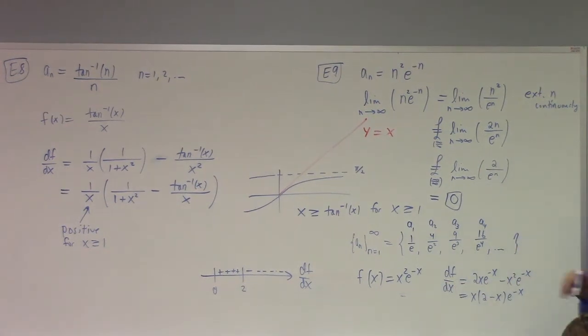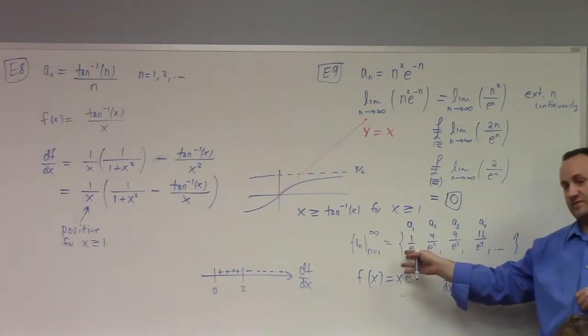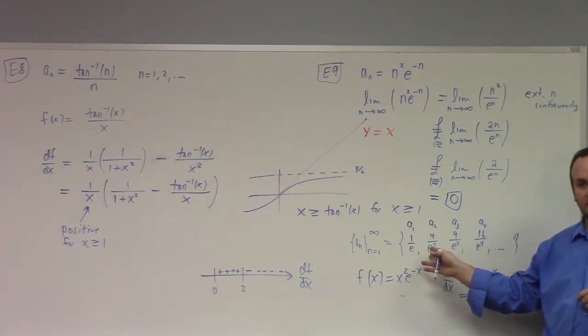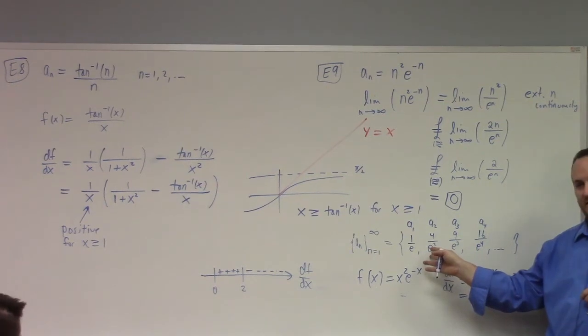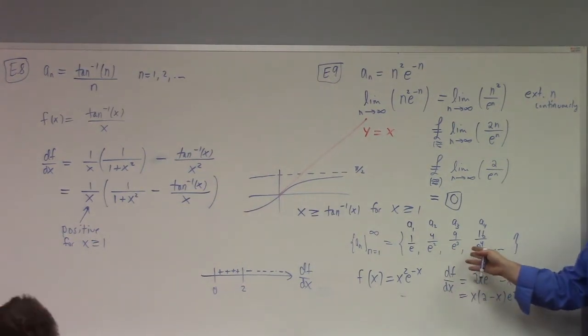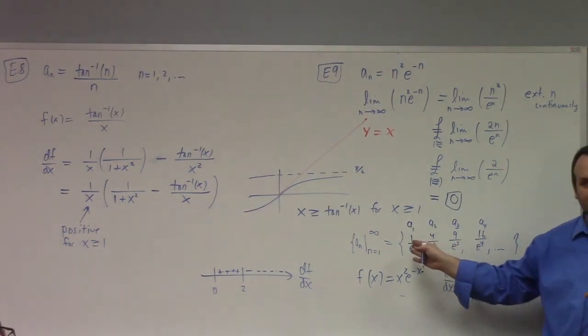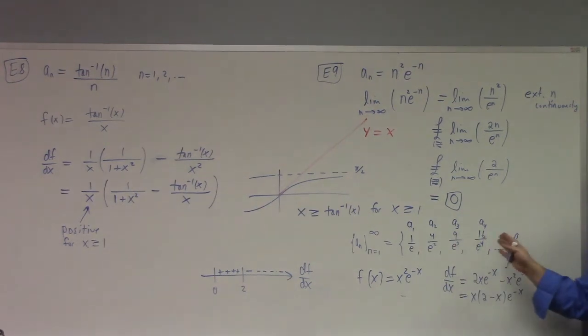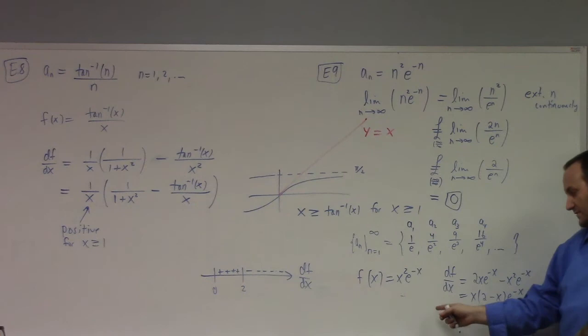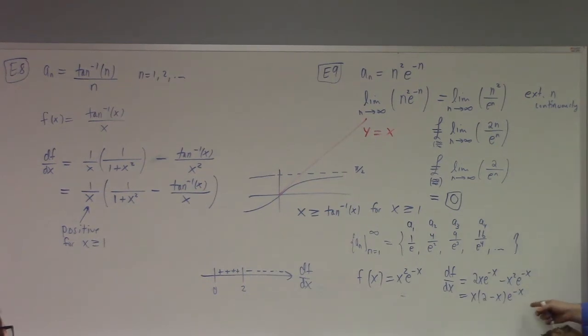It's actually neither, because we have a sub 1 is less than a sub 2, right? But then a sub 2 is greater than a sub 3, is greater than a sub 4. In other words, the sequence starts decreasing at 2 and beyond, but it does increase going from 1 to 2. And you can kind of see why that is if you look at the derivative of the continuous extension of the sequence.